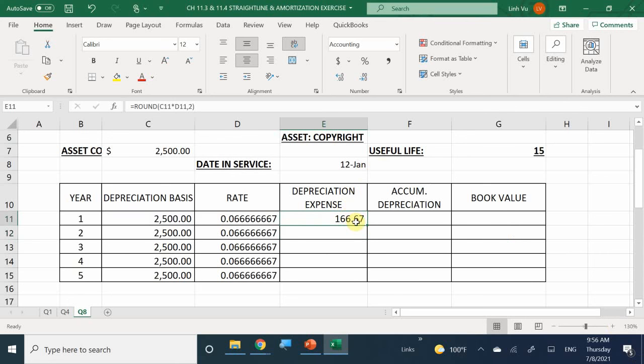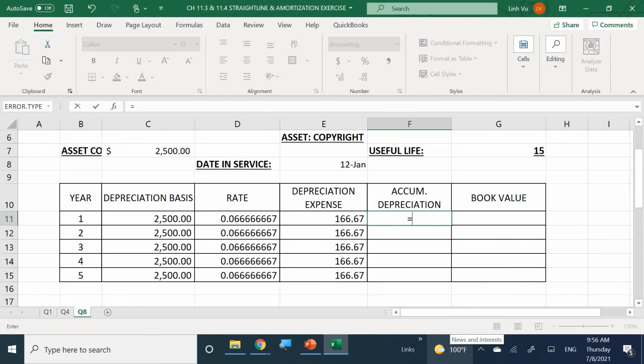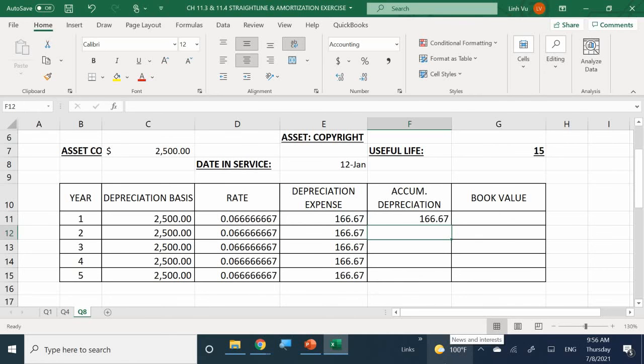166.67, and because this is similar to straight line, what is our assumption here? It'll be the same all the way down. So the only thing that we have to solve for here is the accumulated amortization and the book value. First one's going to be that one because there's no previous amount.